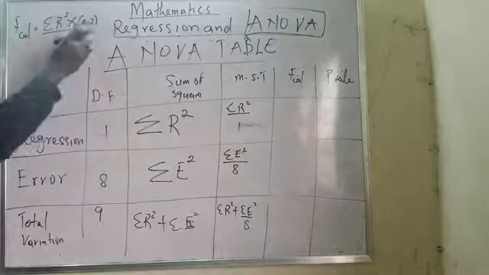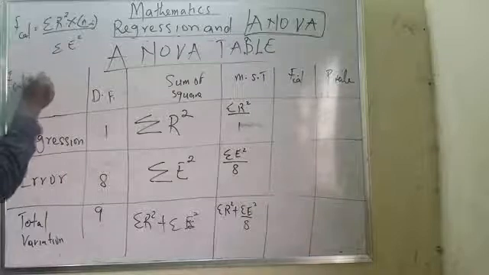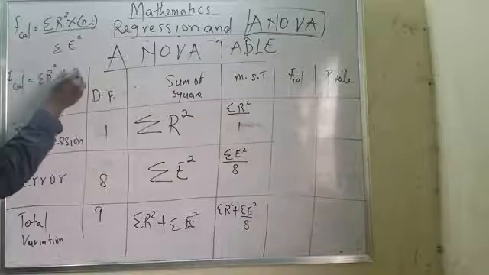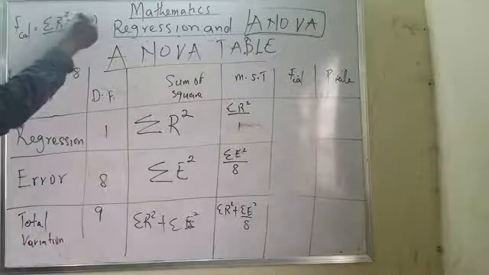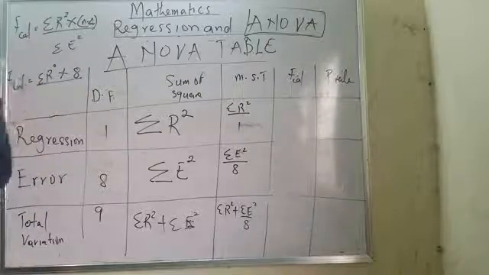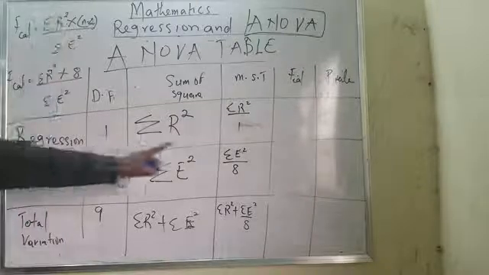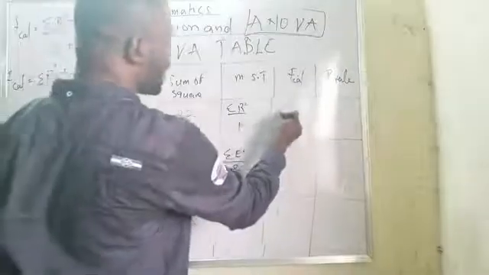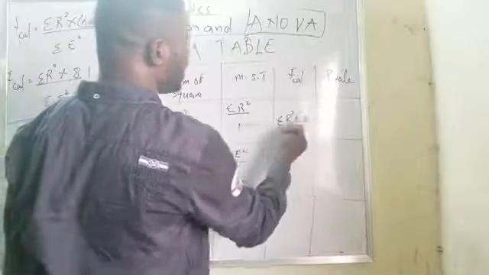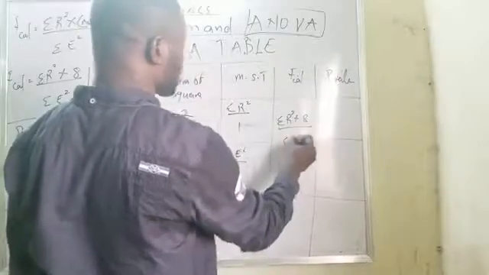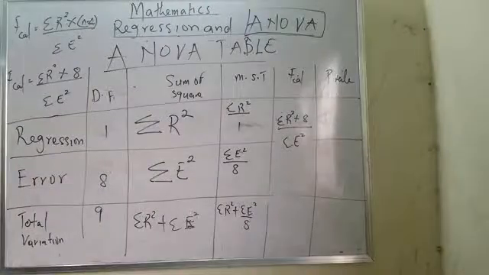By n minus 2, which is 8. So it will be the summation of E squared multiplied by 8, divided by the summation of R squared. That is what I have here.